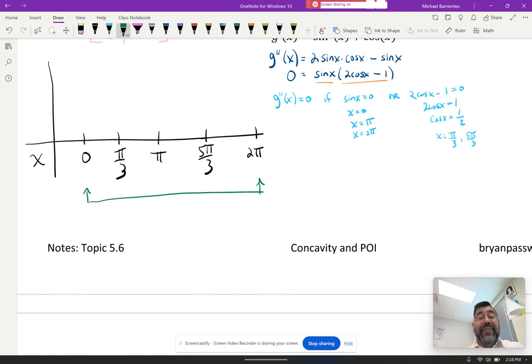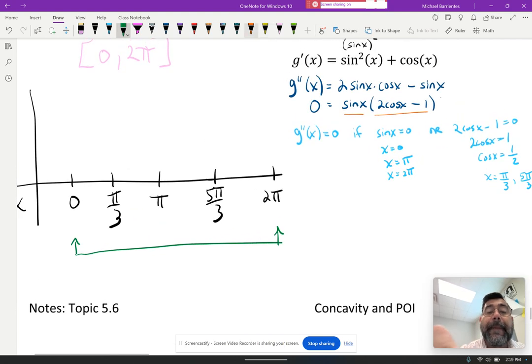So let's pick some values. Now, when I pick values, remember what we're checking is, does it make the second derivative positive or negative? So in this first part, let's say I choose pi over 6. Pi over 6 is between 0 and pi over 3.